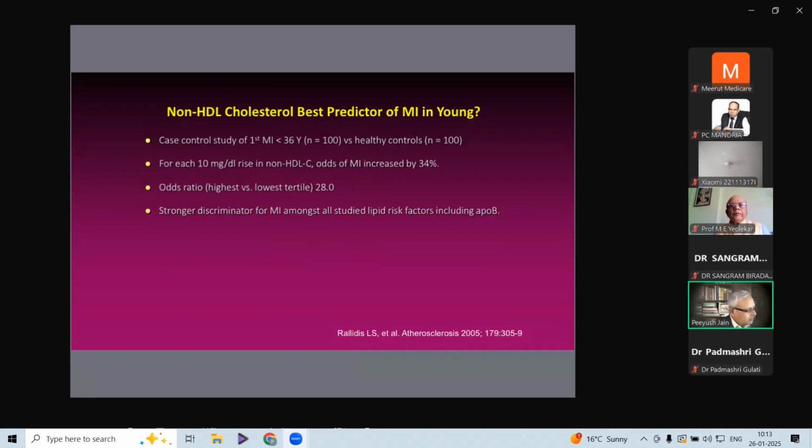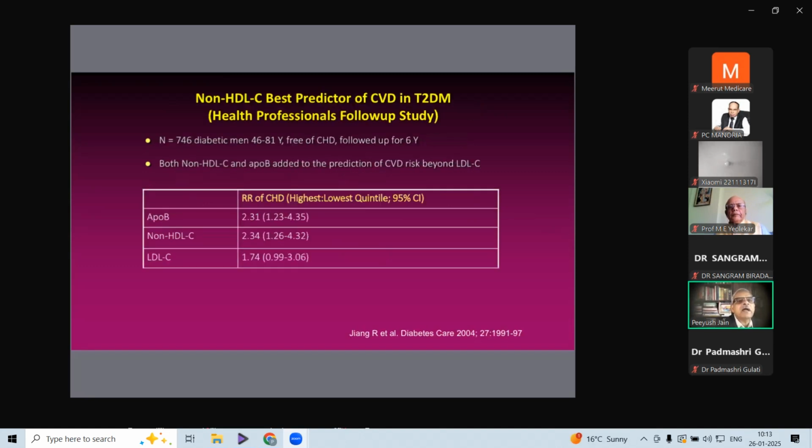Then in another study, a smaller study in young people, non-HDL-C was the strongest discriminator for myocardial infarction among all studied lipid parameters, including ApoB. Also in type 2 diabetes mellitus, in a subgroup analysis of the Health Professionals Follow-up Study, once again, the performance of ApoB and non-HDL-C was similar.